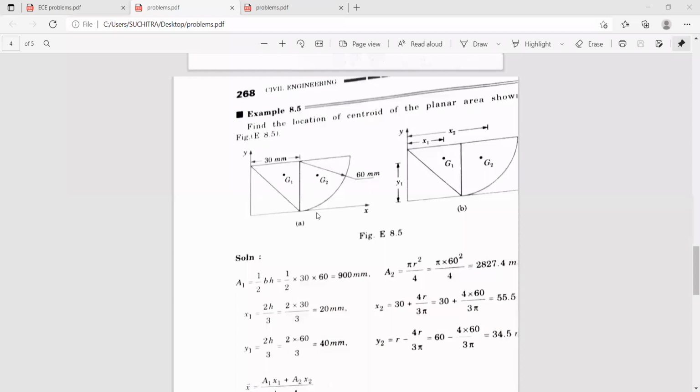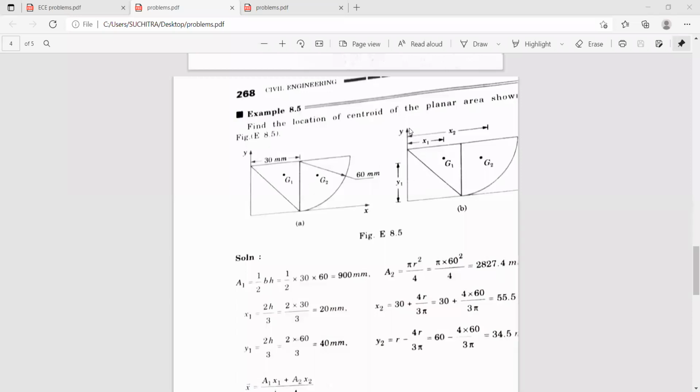And the centroid of a quarter circle with respect to x and y axis is both 4r by 3 pi. So we have derived the centroid of a quarter circle by the method of integration. So with respect to x and y axis, the centroid of the quarter circle remains the same, that is 4r by 3 pi.